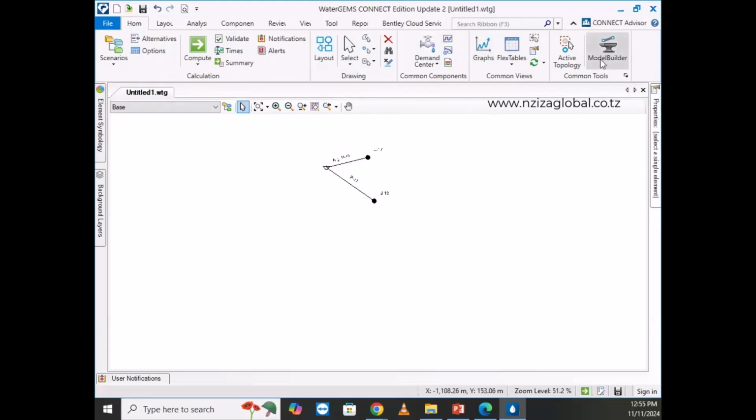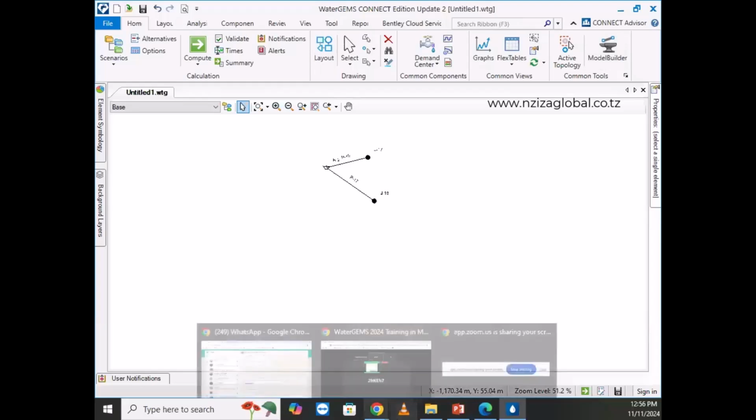Another tool that I want you to know is the summary. Within analysis, we explain about the validation and the computation. How about the terms in the summary? The summary is the one that you see when you validate.